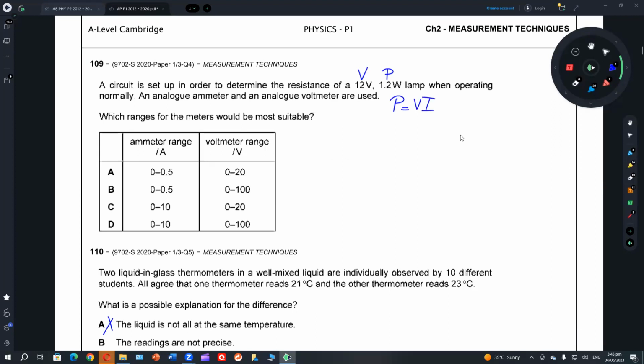Because we don't have the current. It is 0.1.